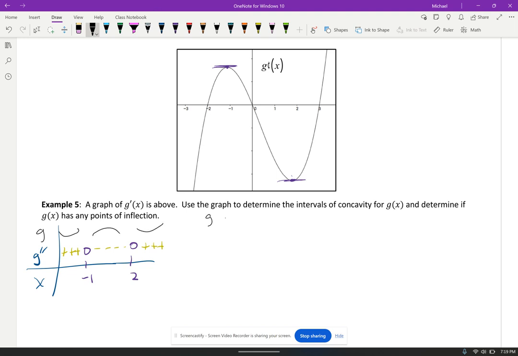So g is concave down on the interval from -1 to 2, -1 less than x less than 2. Because, how do we know this? g prime is decreasing, which means the second derivative is negative.